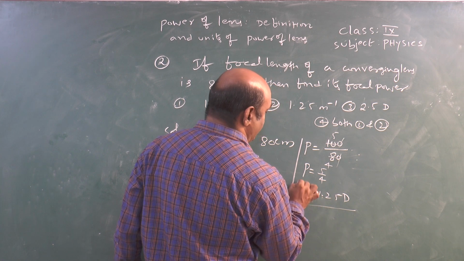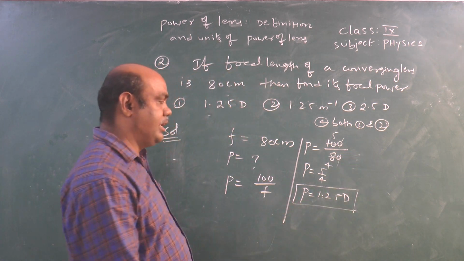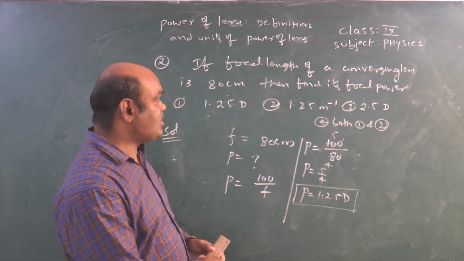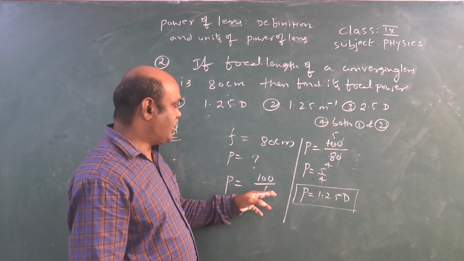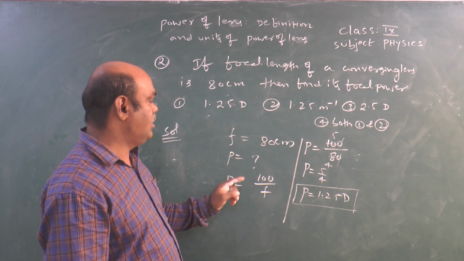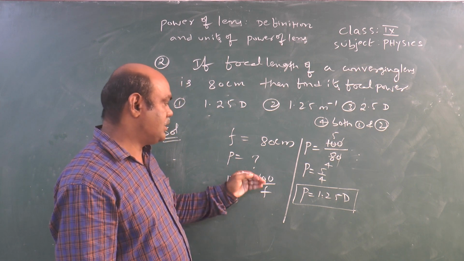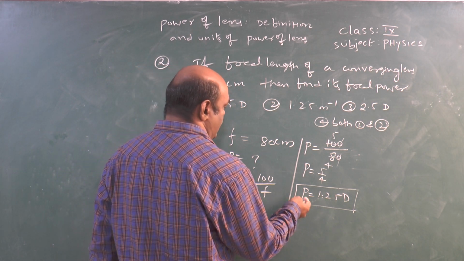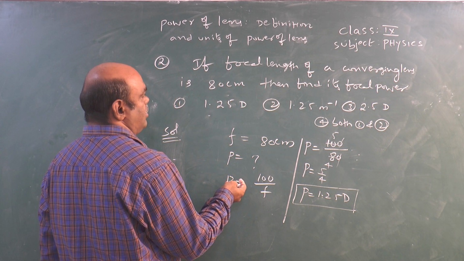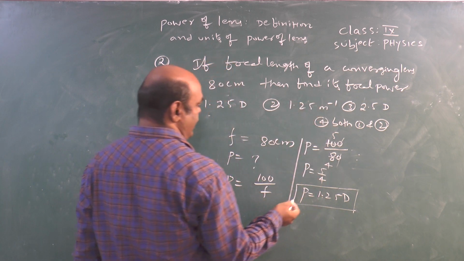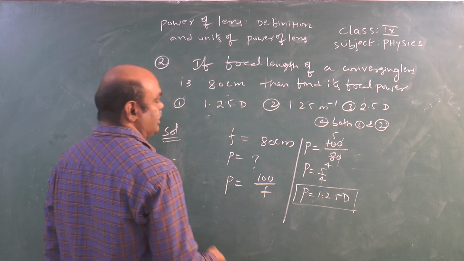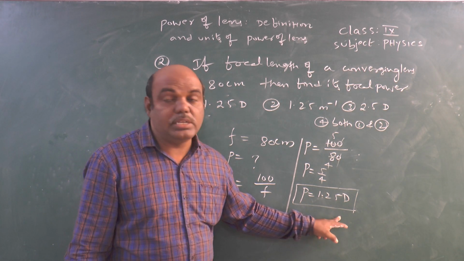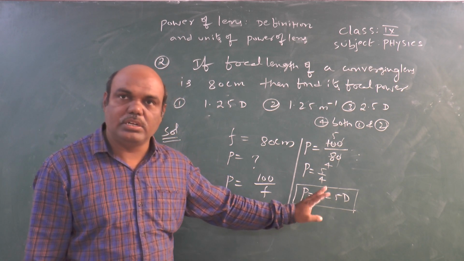Here 1.25 we can write in the standard unit. The SI standard unit is diopter. From this, if you see 100 by f, the answer is in diopters only. So even though we have taken centimeters here, the unit is diopters.